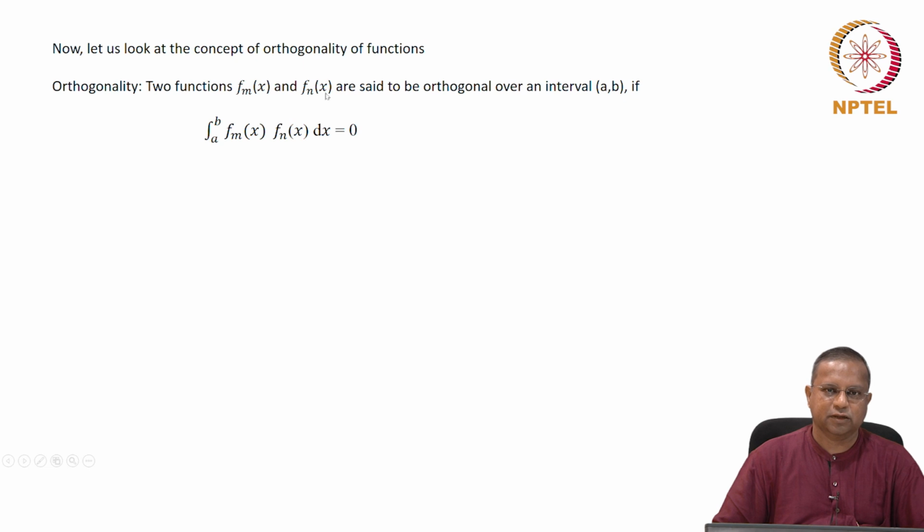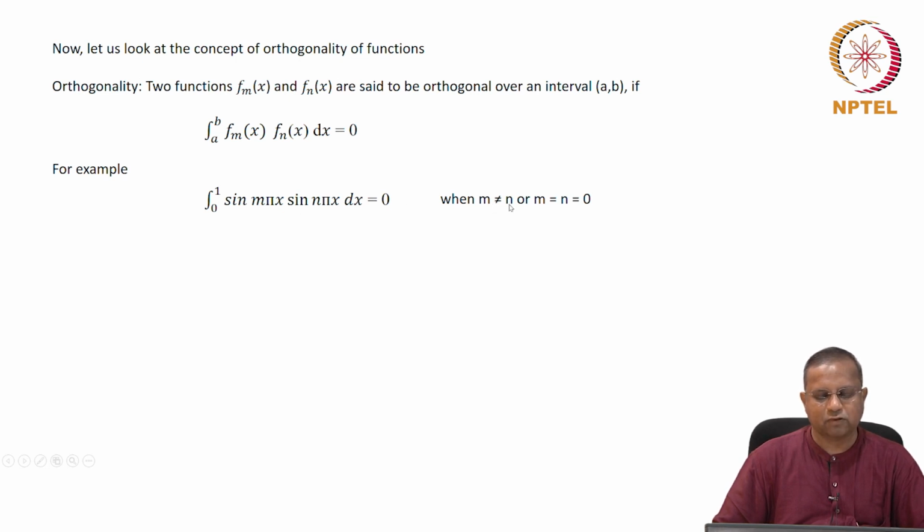You look at the orthogonality property of the functions, and here an example is given: the integral from 0 to 1 of sine m pi x times sine n pi x dx equals 0 when m is not equal to n, or when m equals n equals 0.